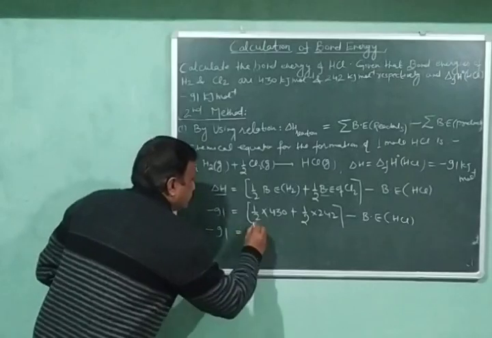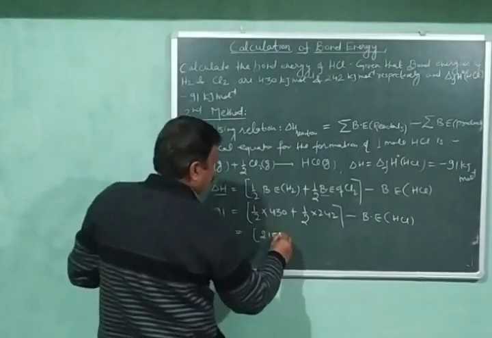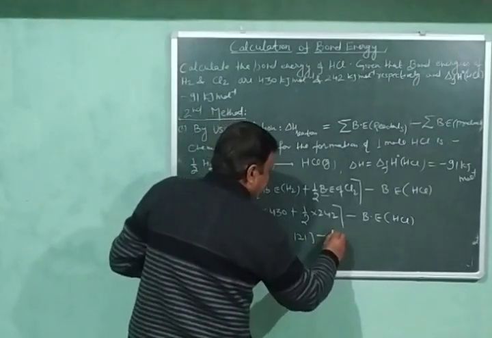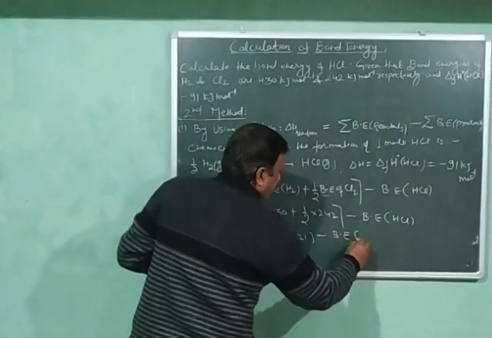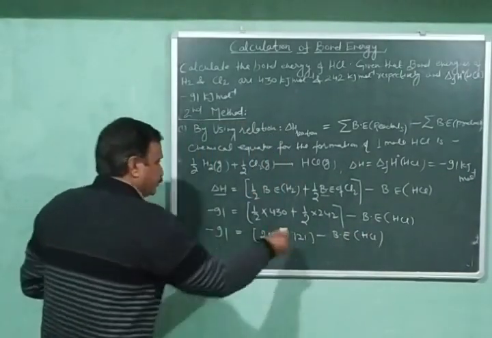Minus 91 is equal to 215 plus 121 minus bond energy of HCl, and let us rearrange this equation.